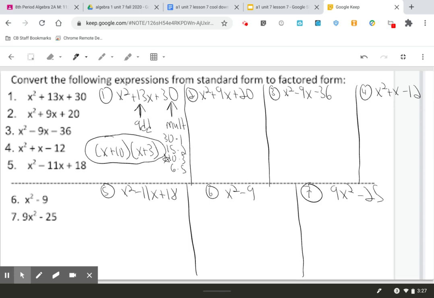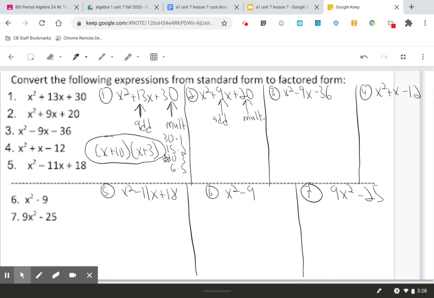On number 2, again, I want to come up with two numbers that add up to the middle number. So in this case, it's 9. And those same two numbers also multiply to 20. So two numbers that when I add them, I get 9, and when I multiply them, I get 20.